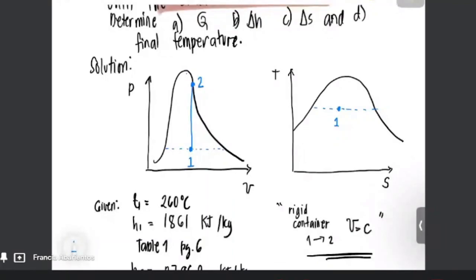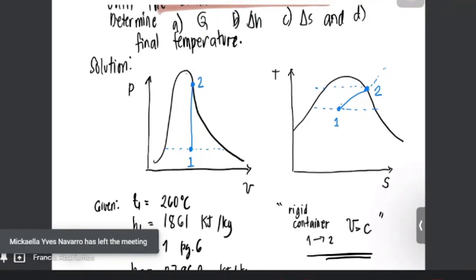But, since this is a constant volume, di ba? Nagkukurba siya, class. Until it becomes saturated. Ayan. So, papunta doon yung point 2 natin. From this point to that point.